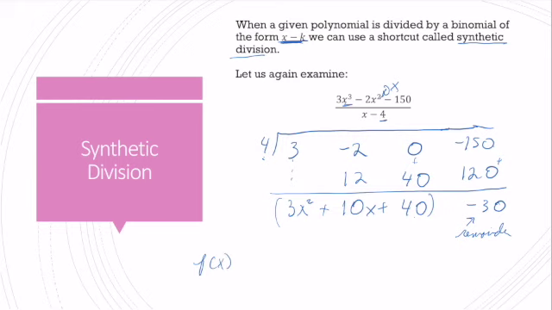So I still have that this original function up here is equal to x minus 4, right? It had been the term x minus k, that's why our k was just 4, times 3x squared plus 10x plus 40 with a remainder of negative 30, so it'd be plus a negative 30.